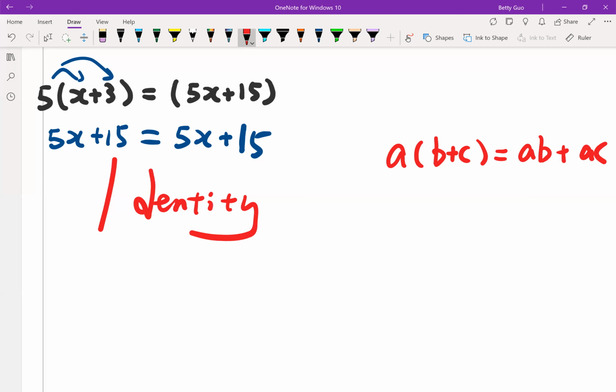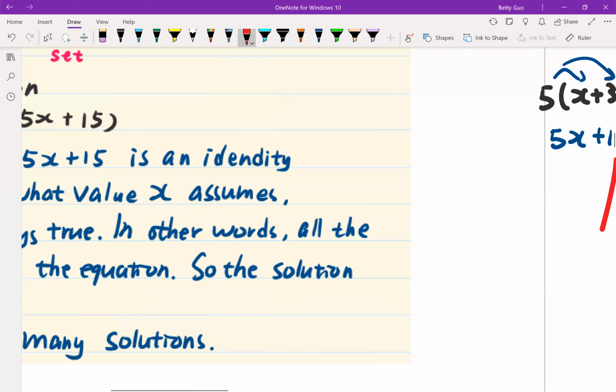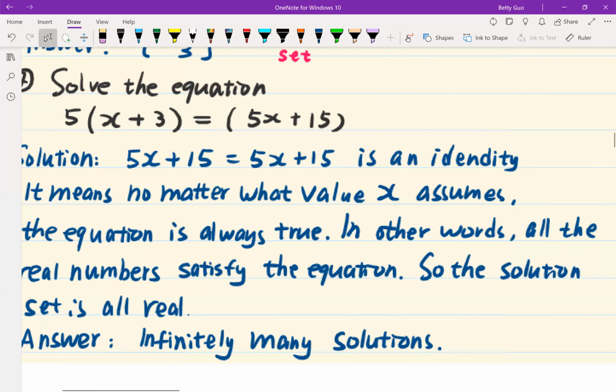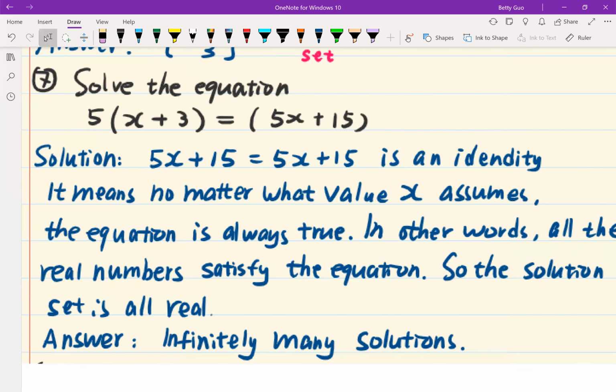Let me show you for this problem. Tomorrow, what are you going to choose? The answer you're going to choose is identity, infinitely many solutions.